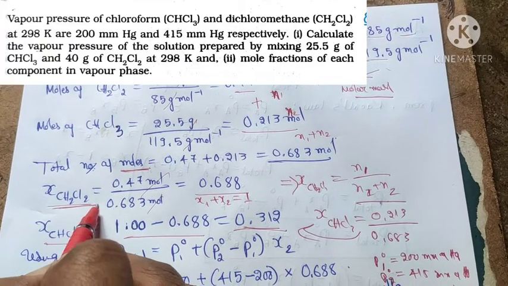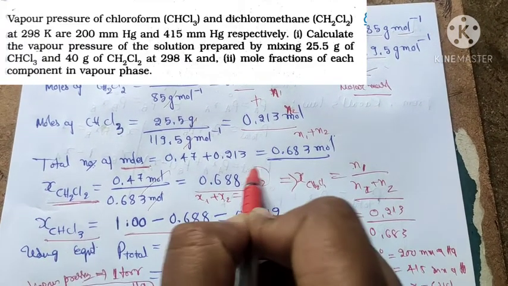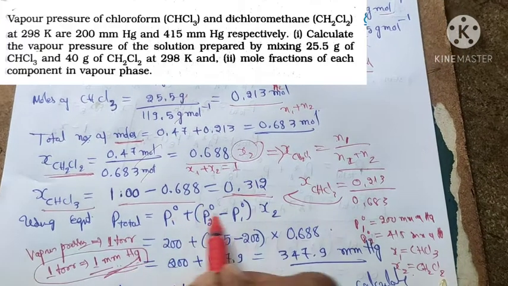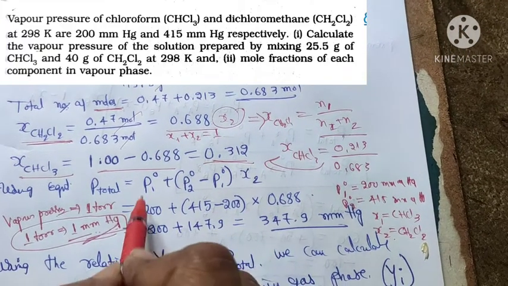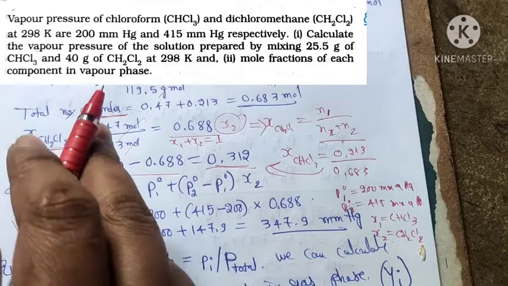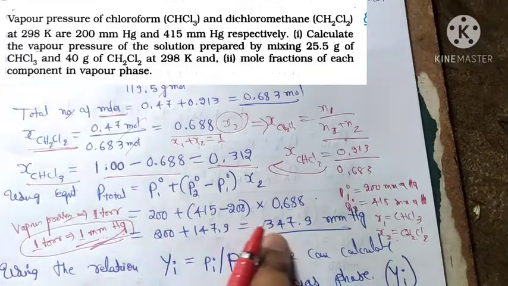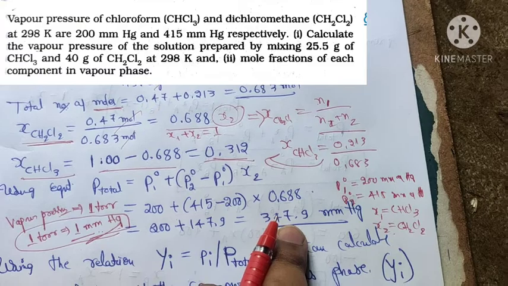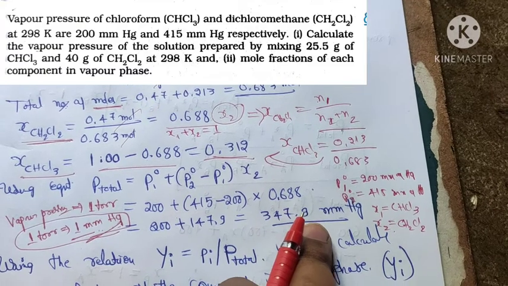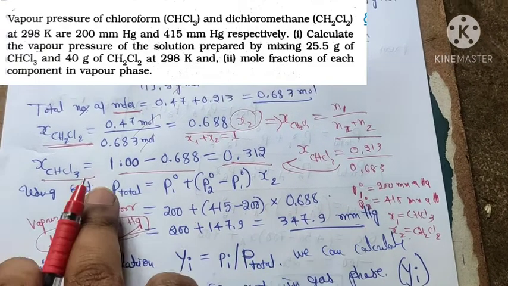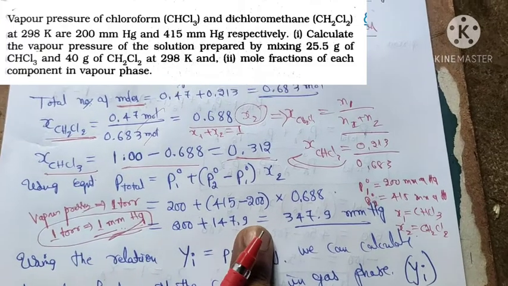The mole fraction of dichloromethane is considered as x2, so the value is 0.688. We have to observe the question neatly. Then substituting, we get 347.9 millimeter of mercury. This is the value of P total. Okay, don't get confused.